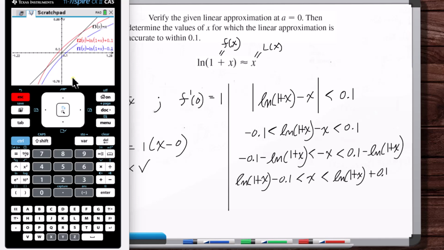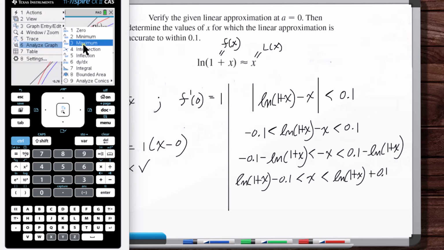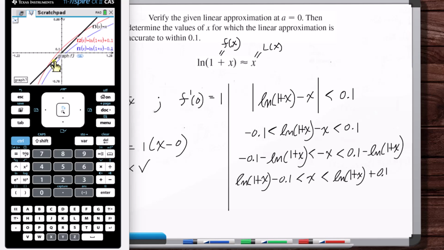You could try and solve x is equal to natural log of 1 plus x minus 0.1 and get this point, but we're doing this graphically. So we go analyze graph, intersection. There's the first graph, there's the second graph, and then the lower bound is here, upper bound is here. Negative 0.383, negative 0.383.